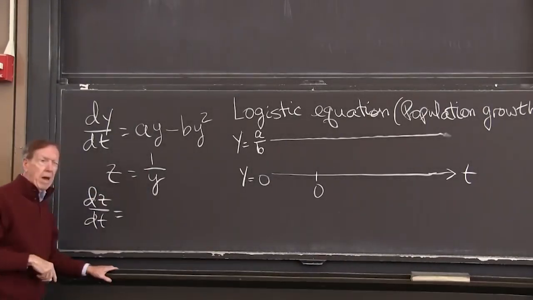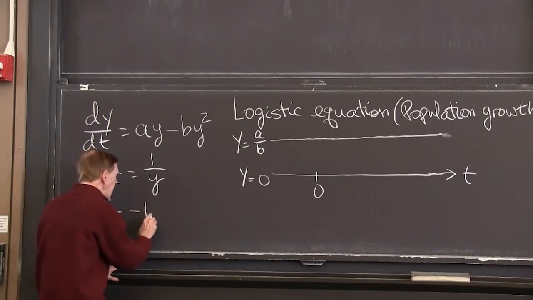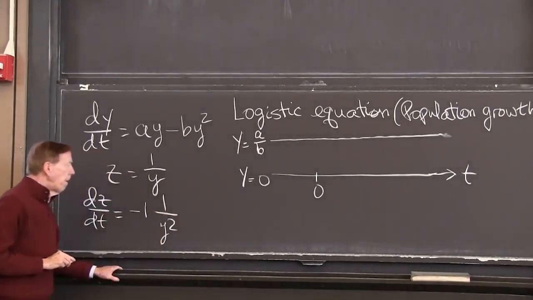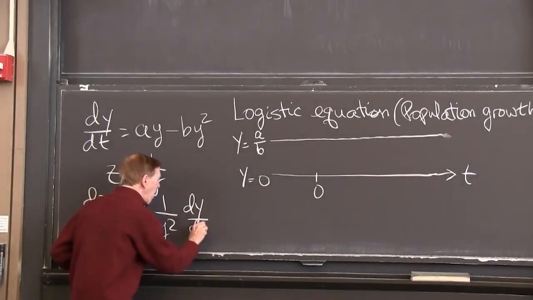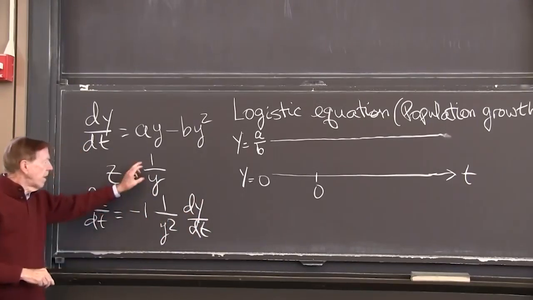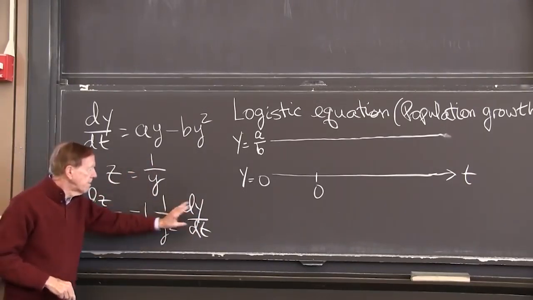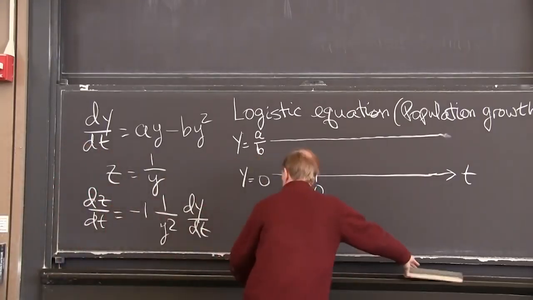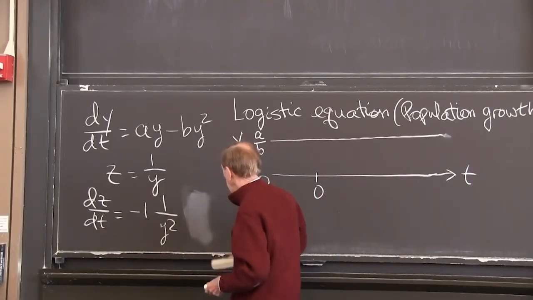The derivative of y to the minus 1 is minus 1 y to the minus 2 times dy dt, right? But now, dy dt is ay minus by squared.